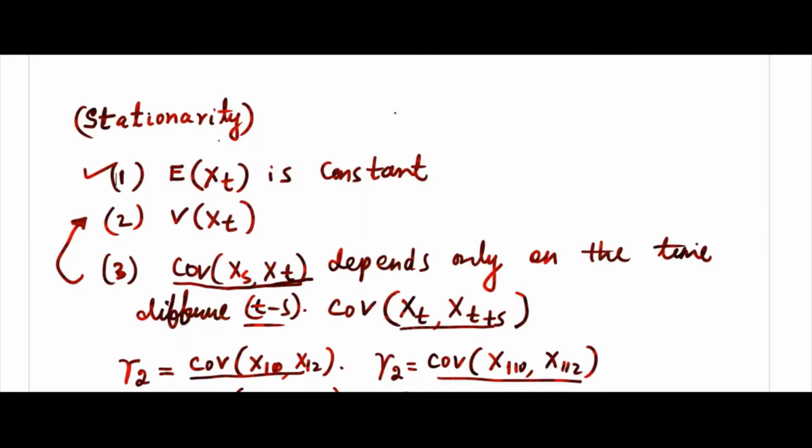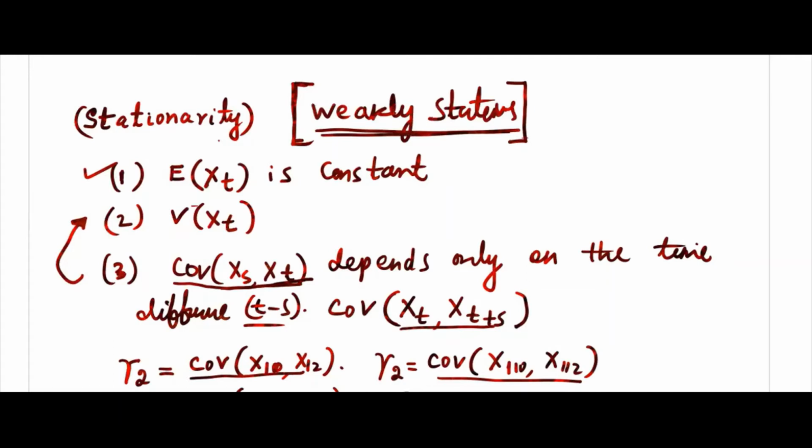Again, in our material, this is called weakly stationary, which we can track mathematically. But remember, we consider only weakly stationary processes here throughout this course, and for which you will see the word stationary.